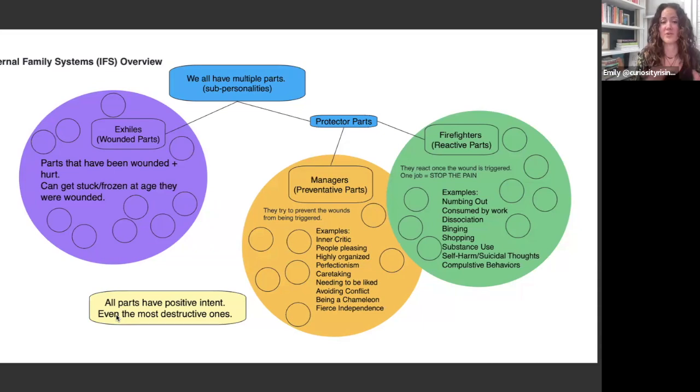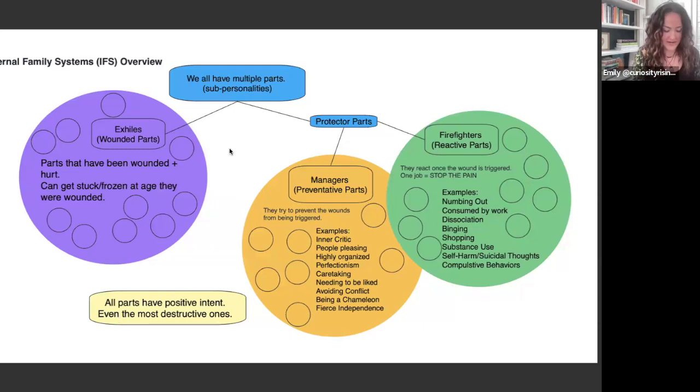Because just like you have this whole inner family going on, everybody else in your life also has their own inner family going on. And so you might be responding to somebody else's firefighter, or responding to somebody's manager. So it gets a little complicated to see who's showing up in an interaction between you and somebody else.